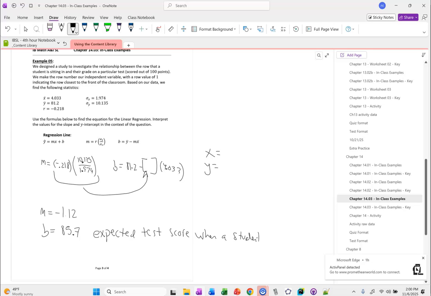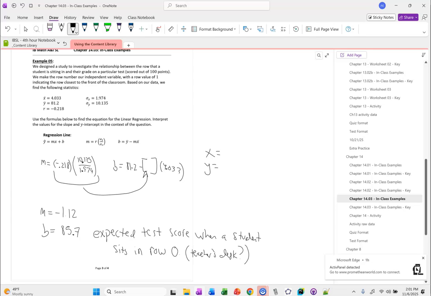What's the other one mean? When a student is in the first row, not the first row, the zero row. First row was 1. If 1 is the row at the front of the class, what's row 0? Your desk, I guess. Standing in front of, I don't know, someone.